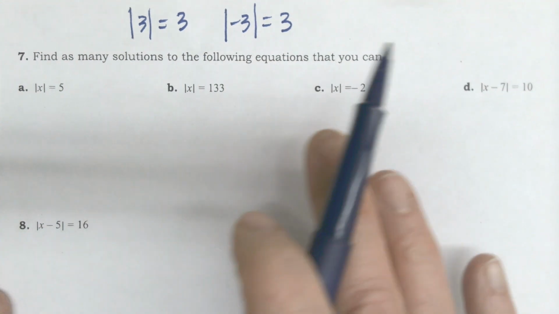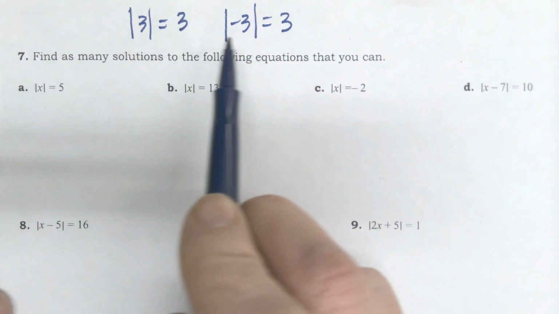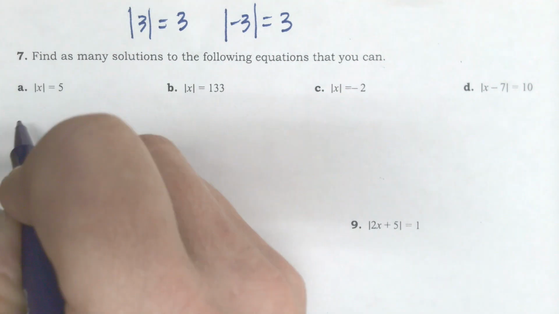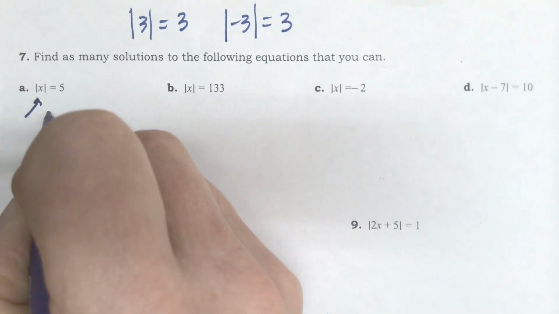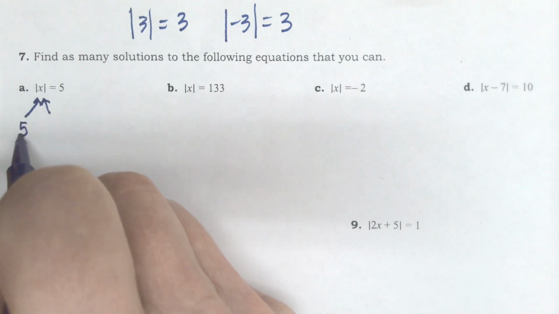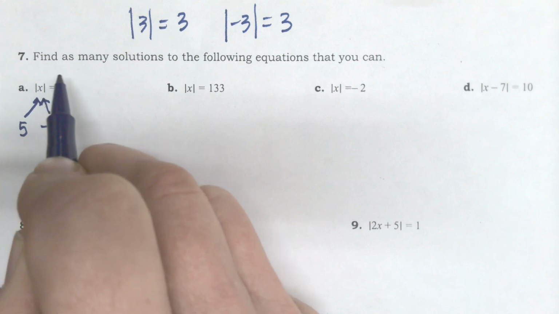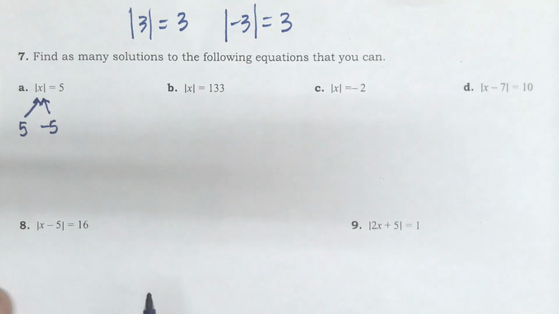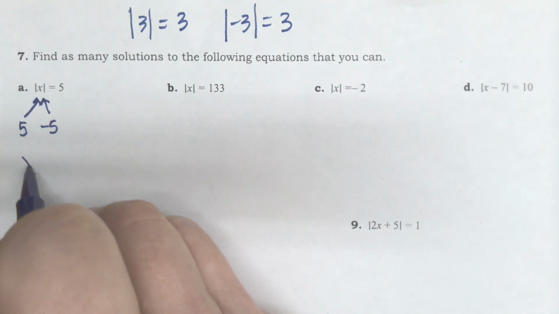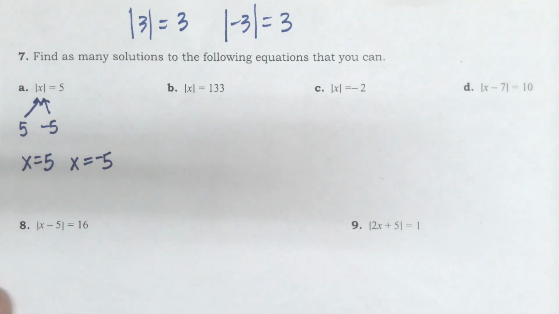So when I'm solving an absolute value equation, I'm potentially going to have two different answers. I have to look at what's inside of the absolute value, and it could either be +5 or -5 inside of there to produce 5 as a result. So my solutions are x equals +5 and x equals -5.